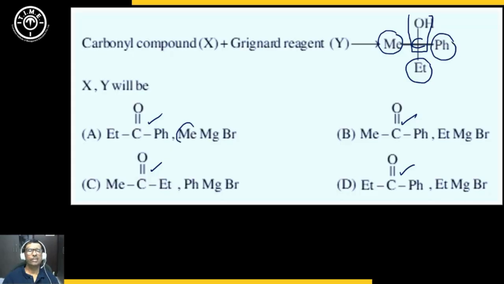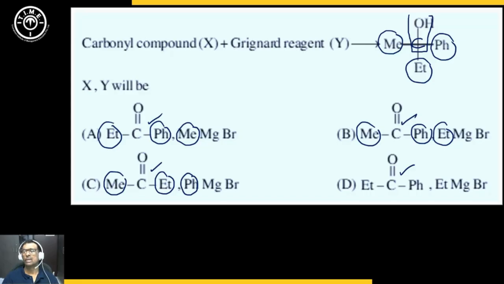We have Me, Et, Ph combination in the first three. In the last one, there is no Me. We have Et, Ph combination. So this will not give. So A, B and C will give this product. D will not give because D will form what? 2 ethyls and 1 phenyl on the COH. Clear?